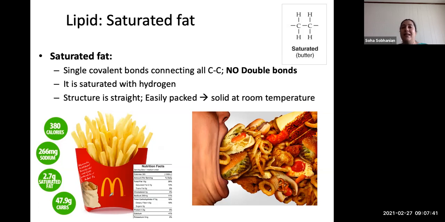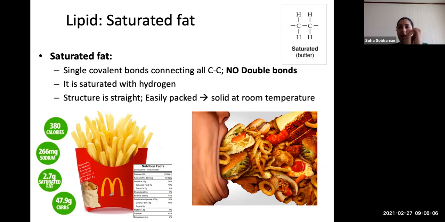What are characteristics of a saturated fat? Saturated fat has single covalent bond between carbon and carbon. It is saturated with hydrogen. Because it's such a beautiful straight structure, it is easily packed and therefore solid at room temperature.